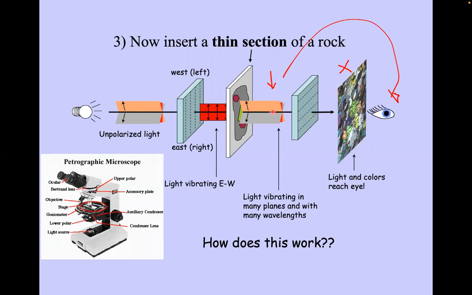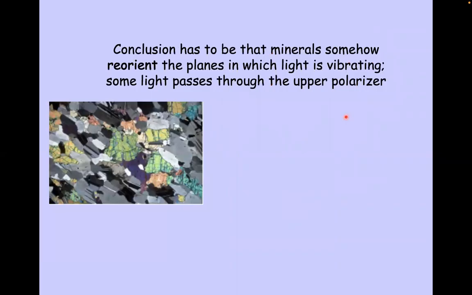Only the ones that can reorient the light into other directions can pass through and give you a vivid color, right? So that's also important. Some grains stay dark, and that is an important feature to identify that particular mineral. If a mineral remains dark after you insert the second polarizer, that is also an optical property of that mineral, which we can use to distinguish it from other minerals, because other minerals can pass light, but this mineral cannot pass light under the CPL.